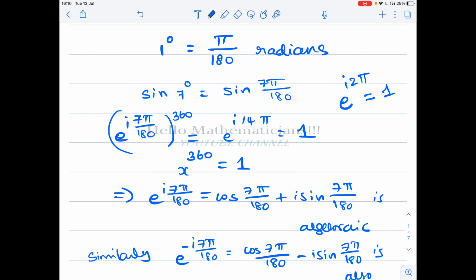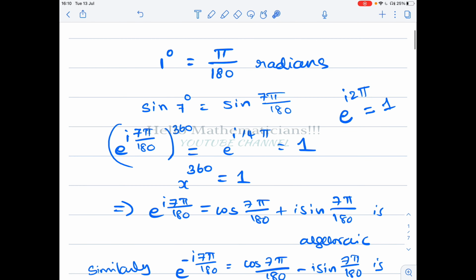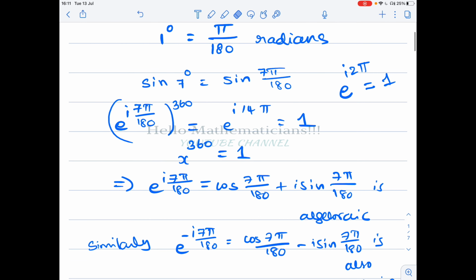Therefore e power i 14 pi will be this to the power 7, so we get 1. Therefore we conclude that this number e power i 7 pi by 180 satisfies the polynomial x power 360 minus 1. Therefore, this number is an algebraic number.